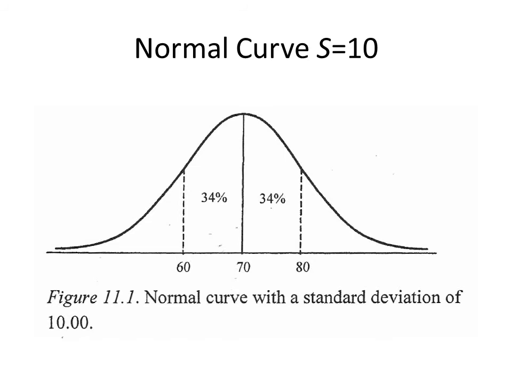So between 60 and 80, we have 68% of the cases within one standard deviation unit of the mean in a normal distribution. Remember, within one standard deviation means one unit on both sides of the mean.